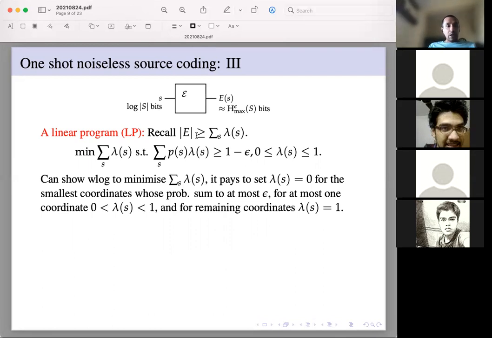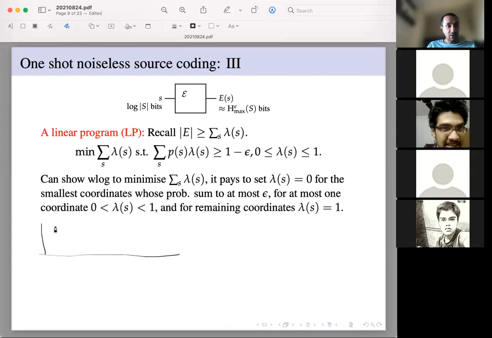Good. So here comes the difficult part. We can show without loss of generality that to minimize summation lambda S, it pays to set lambda S equal to 0 for the smallest coordinates whose probabilities sum to at most epsilon. Now let us see what I mean by this. Let me arrange the probabilities in descending order.